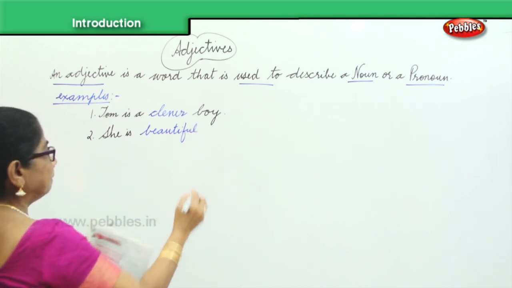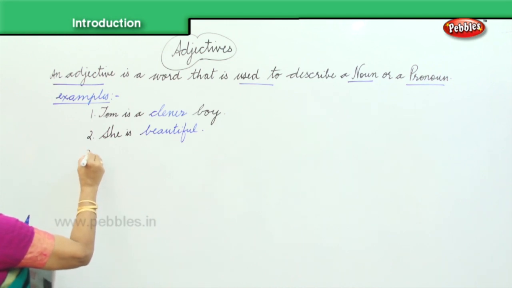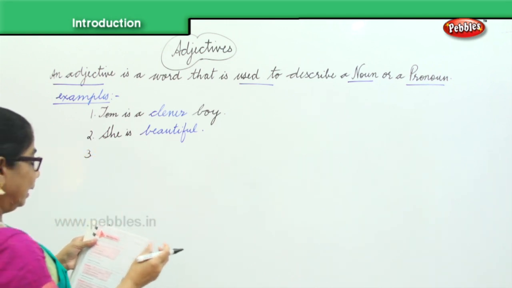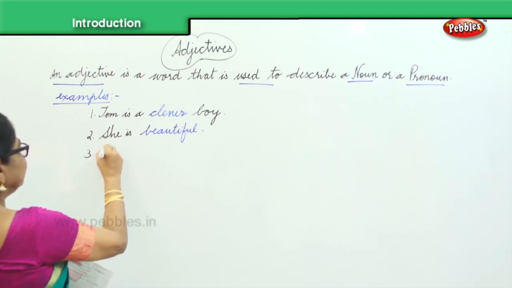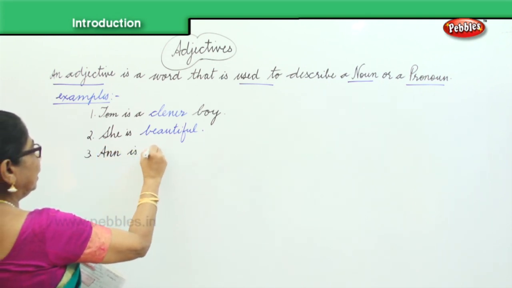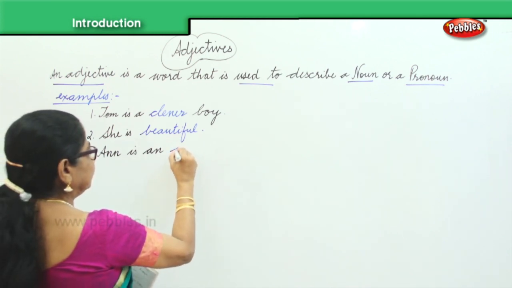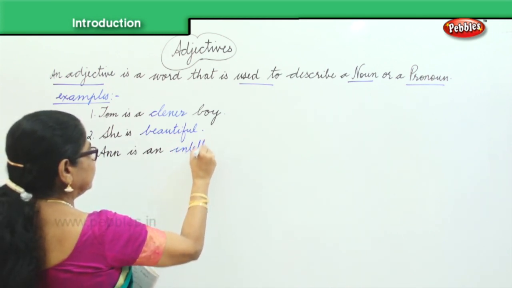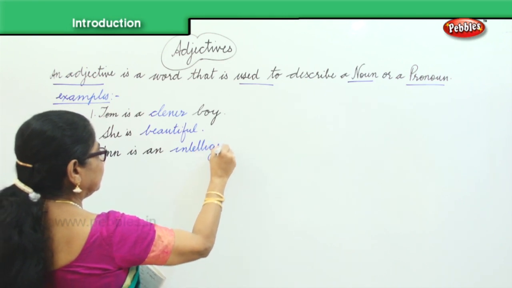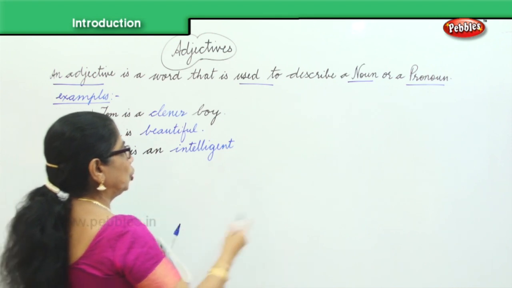She is beautiful. Anne is an intelligent girl.